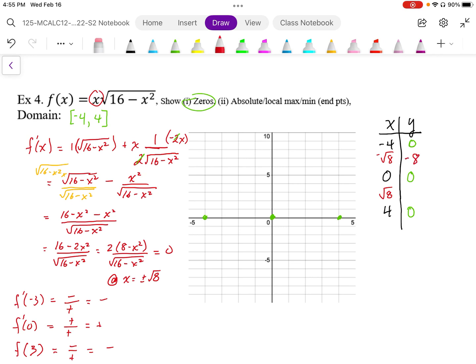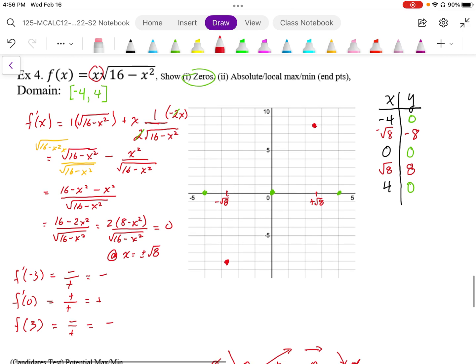So I'm just going to sketch that in. So -8 is going to be about there. So that's going to be about √8 right about here. Okay, so that's about -√8. So I'm going to have positive √8 somewhere around here. And when I plug that in, I get positive 8 for my coordinates. So it's going to be somewhere about here. And we know those are local min and max points.